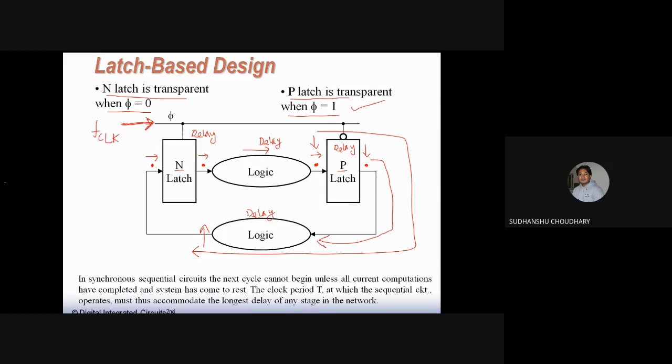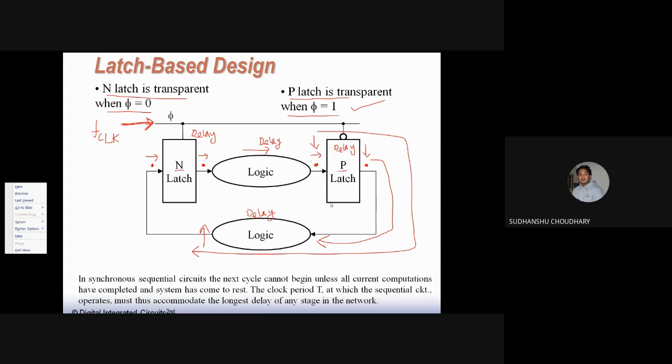These things have to be considered while deciding the clock period or clock frequency, right? So the total clock period will actually consist of the maximum delay, the delay consumed during the two cycles.